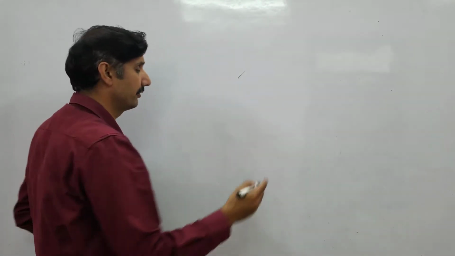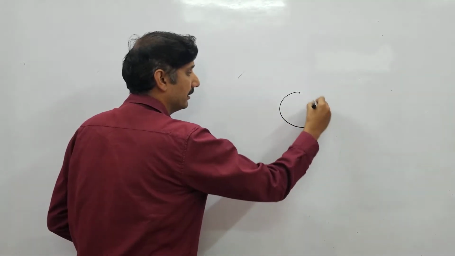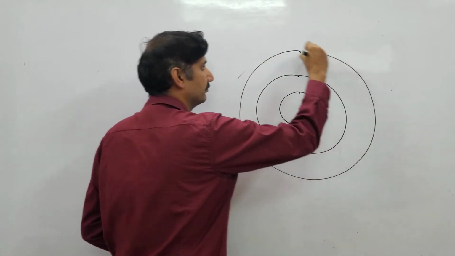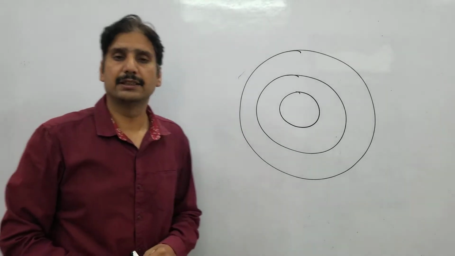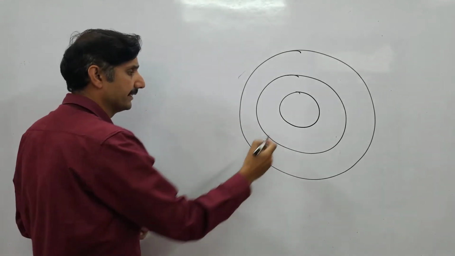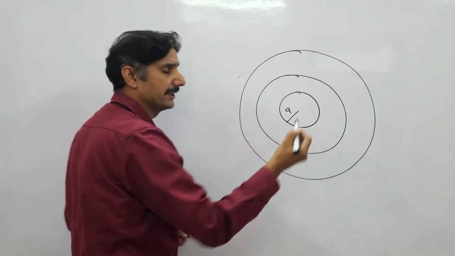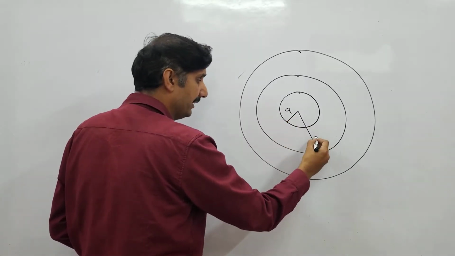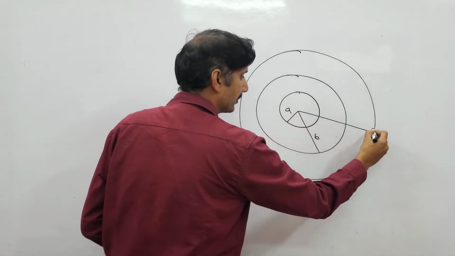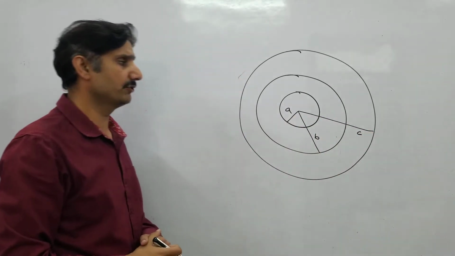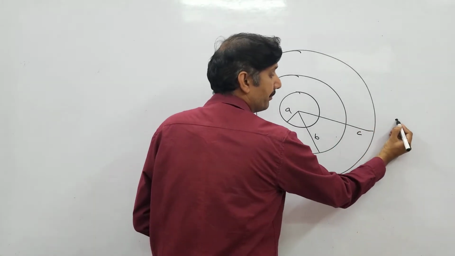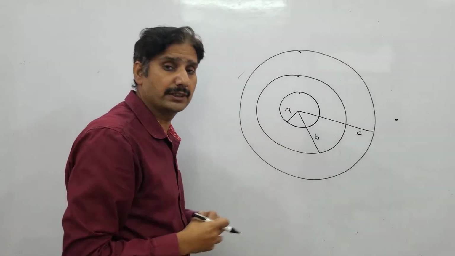Let us take, for example, 3 concentric shells. Let's say the first shell has got radius A, the other shell has got radius B, and the third shell has got radius C. And I wish to find out electric potential at a point which is completely outside of all the 3 shells.